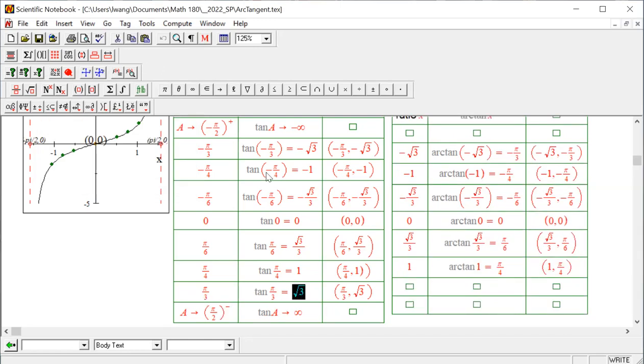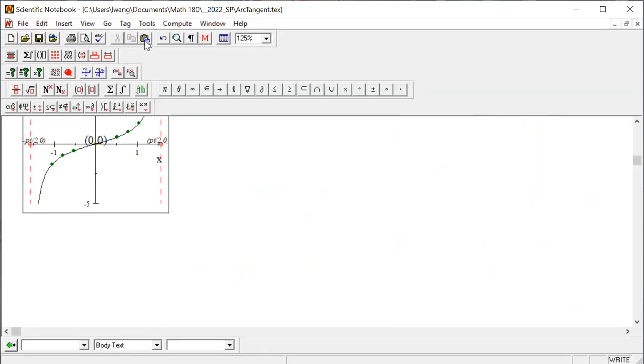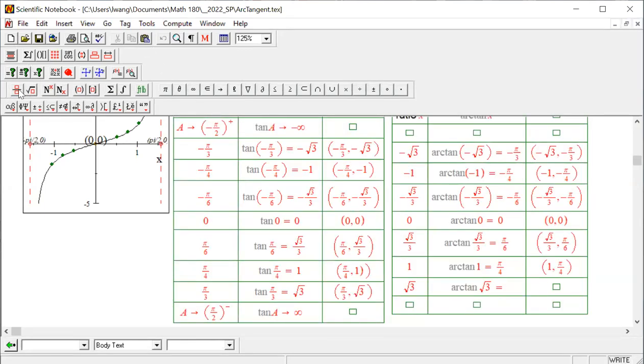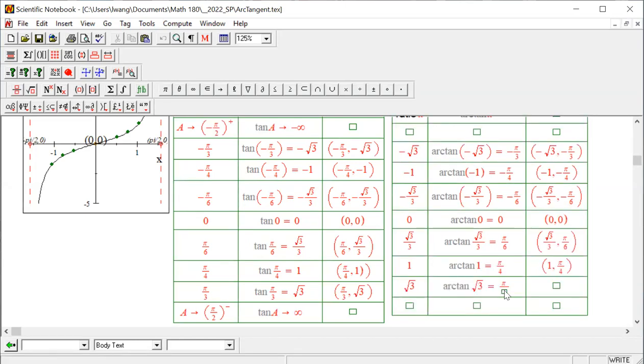And this one, root 3, now is the input for arctangent, and that equals pi over 3. You can see that the swap is done point by point when we're making this.